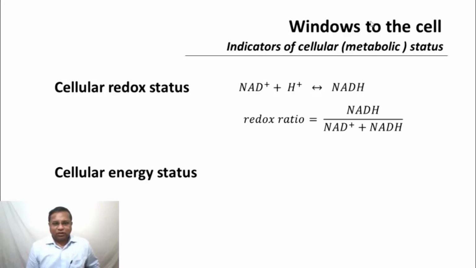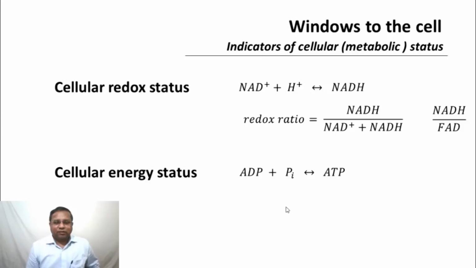Here it is the redox ratio, the NADH divided by the total NADH pool, which consists of NAD+ and NADH. Similarly, in some situations, the ratio of NADH to flavin adenine dinucleotide, another important such molecule, is also taken to be the redox ratio.